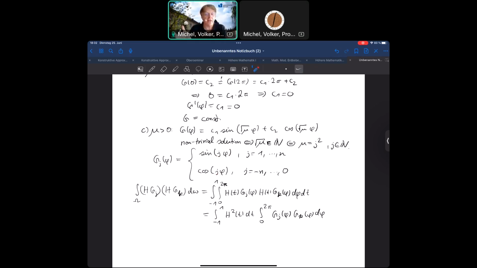And then you find out that if you don't have the same functions, they're really orthogonal with respect to the L2 inner product. That's what we have here. So this is in fact 0 if j is not k. If it's the same, you get a normalization factor, which is usually something like pi or 2 pi, depending on j and k. But it's also easy to calculate.